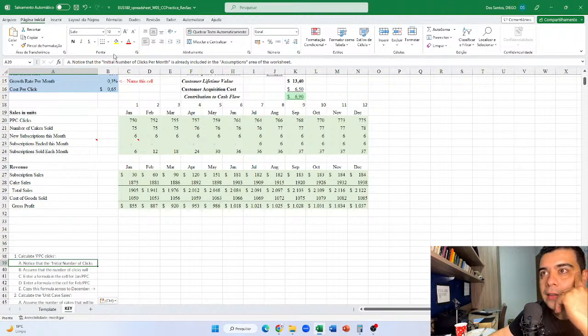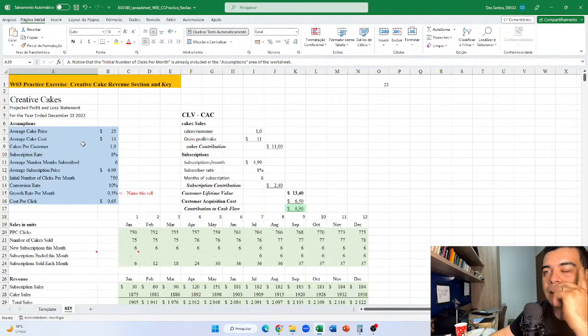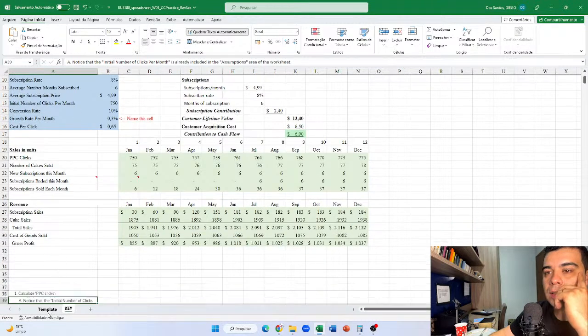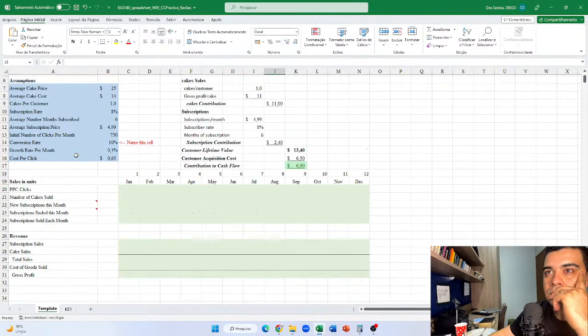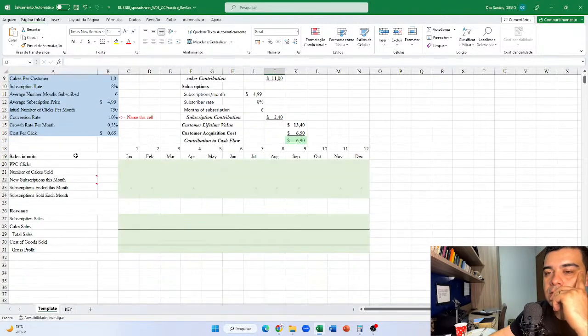Então vamos lá. Notice the national number of clicks per month is already included in the assumptions. Okay. In the area of the worksheet. Assumptions.